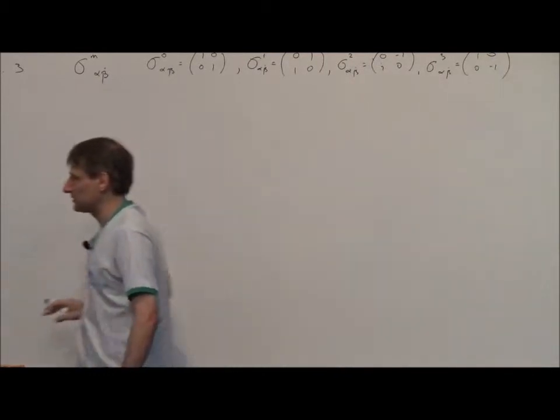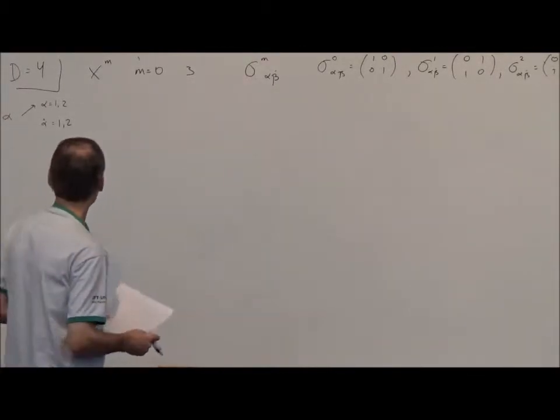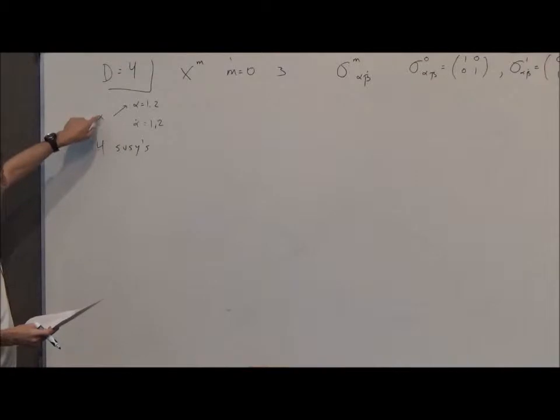Using these Pauli matrices, it's easy to see that these gamma matrices satisfy the usual anti-commutation. Okay, so in this case, we have 4 supersymmetries. The alpha has 4 components. Furthermore, the minimal dimension of a fermion will have 4 components.